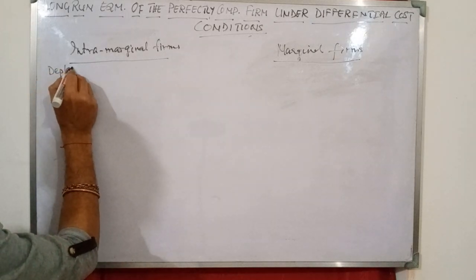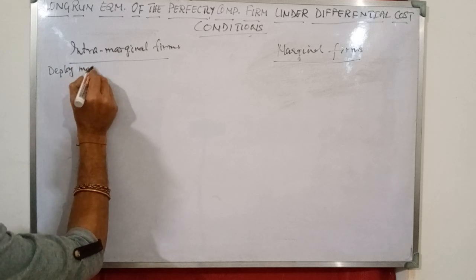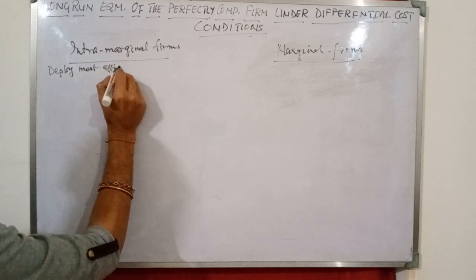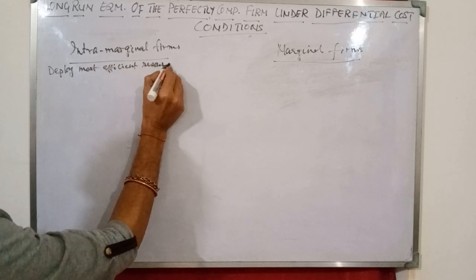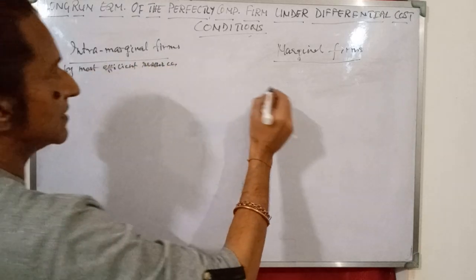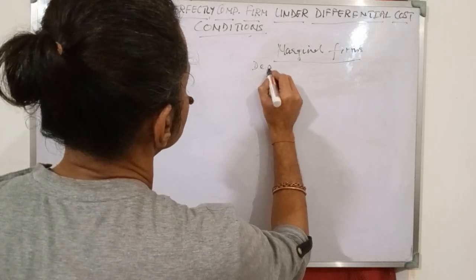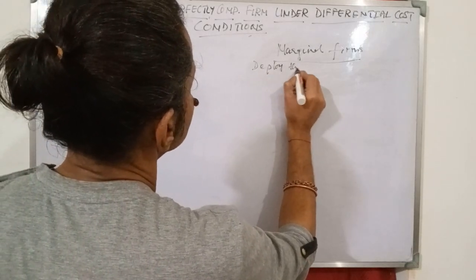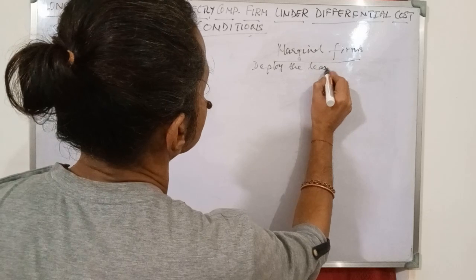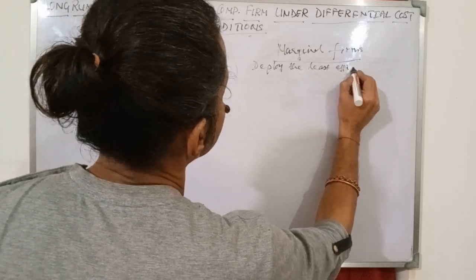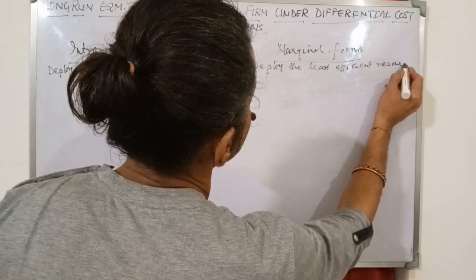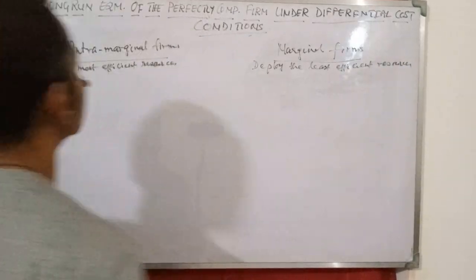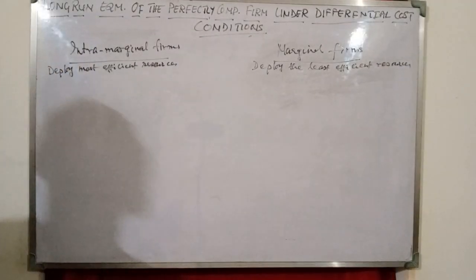Intra-marginal firms deploy the most efficient resources, and the marginal firms deploy the least efficient resources as available in the market.